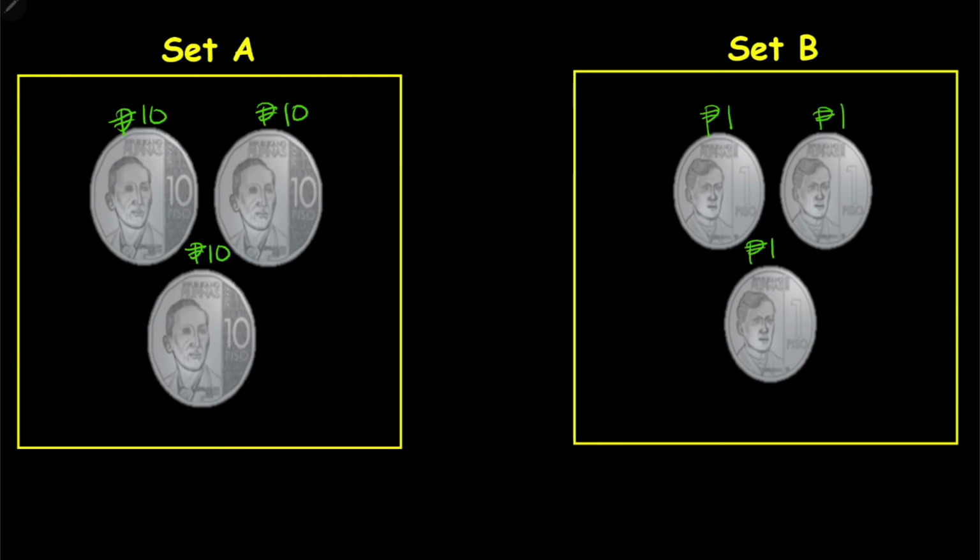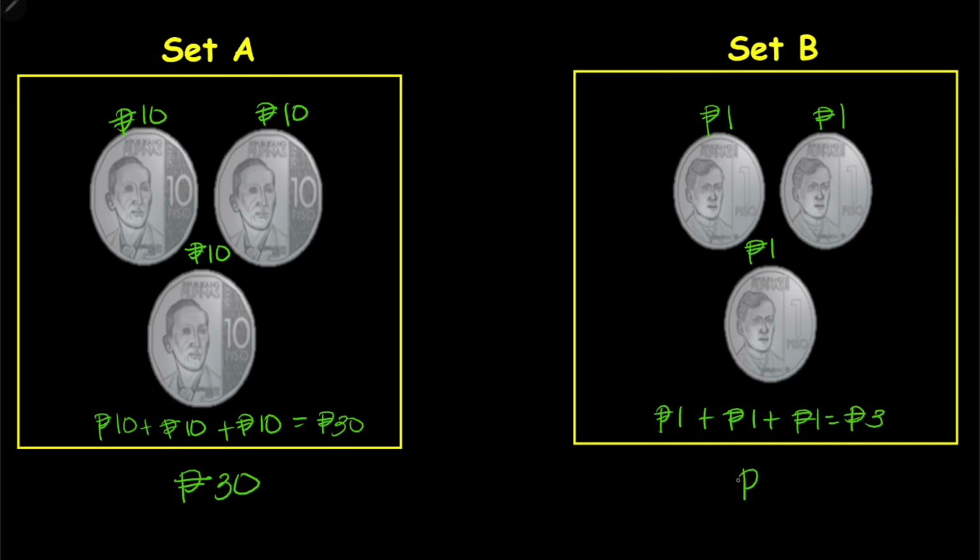So adding all the coins in set A, we have 10 plus 10 plus 10, which is equal to 30 pesos. So, for set A, we have 30 pesos. How about in set B? So, we have 1 plus 1 plus 1, which is equal to 3 pesos. So, for set B, it has a value of 3 pesos.